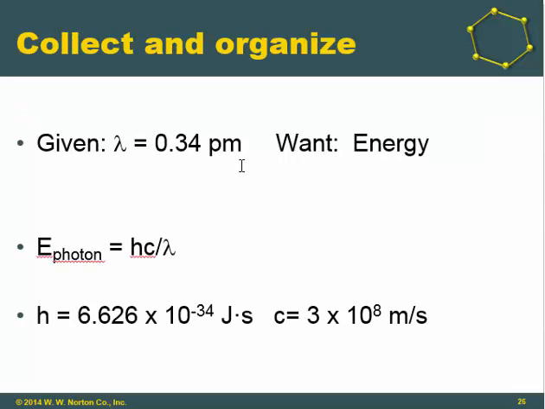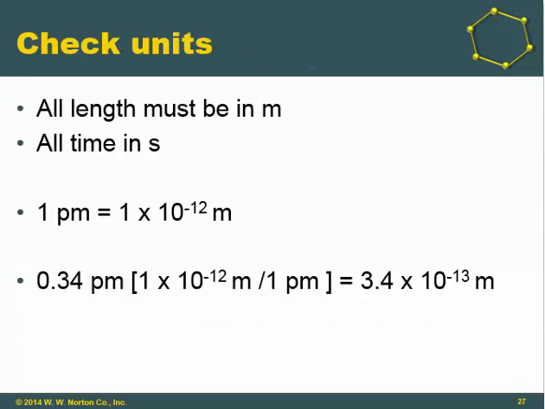So, we want energy. We're given a wavelength of 0.34 picometers, so we know that the equation we're going to be using is energy of a photon is equal to Planck's constant times the speed of light divided by its wavelength. Now, the only thing is we've got to get this wavelength in units of meters. Now, all time must be in units of seconds, but usually that's not a problem.